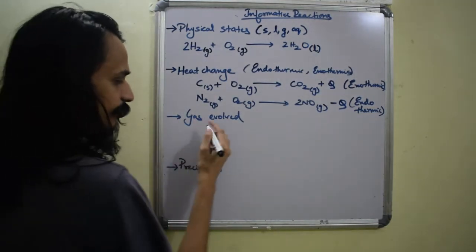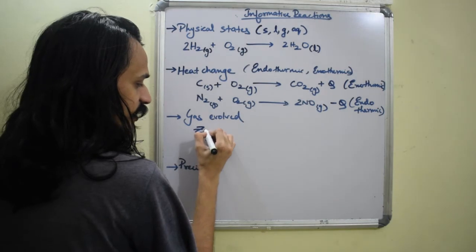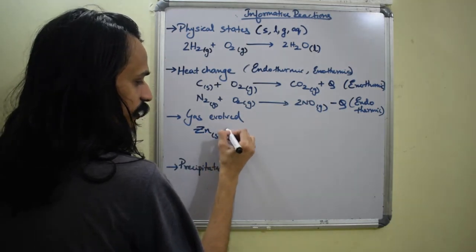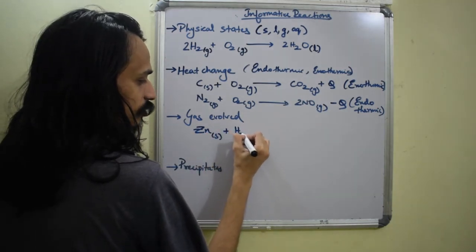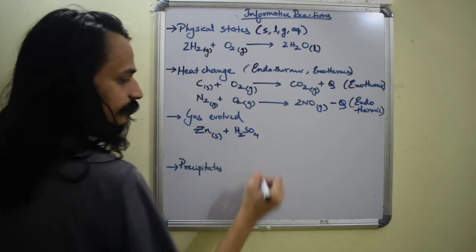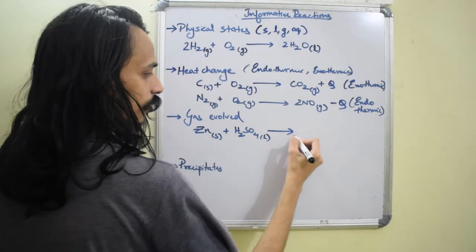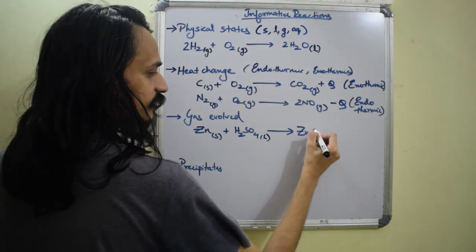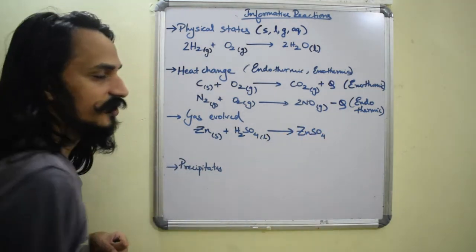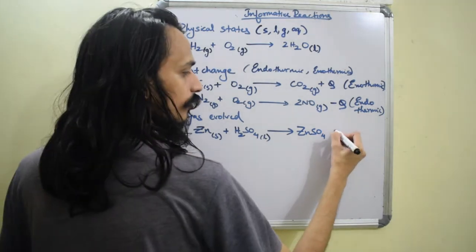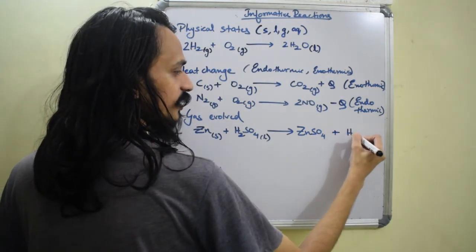So I'll just give you an example of the same. If I take zinc metal, which is a solid, and I add it to sulfuric acid, which is a liquid, what happens is I get something called zinc sulfate plus hydrogen gas.